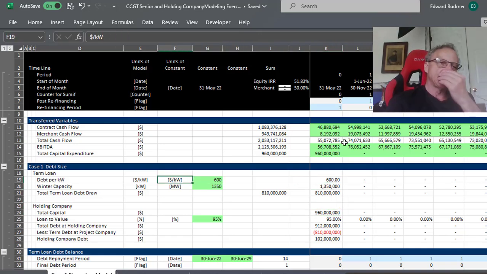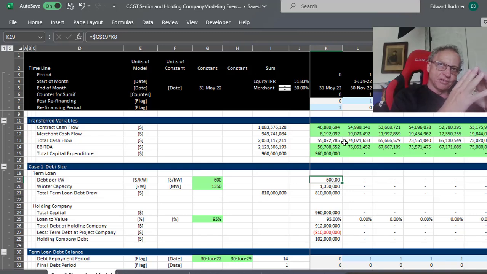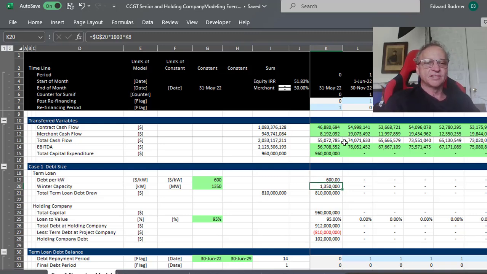Okay, and in the first case, so let's just walk through a couple of these cases without going crazy, but at least show you, again, this is the good part of this case, how to think about some of these issues. So maybe let's figure out what the debt size is for the operating company. And that the first one, they just gave you a flat debt size, no problem.